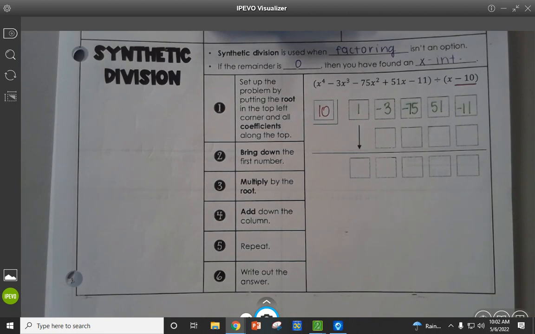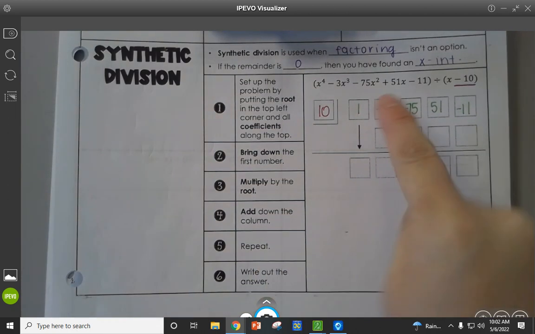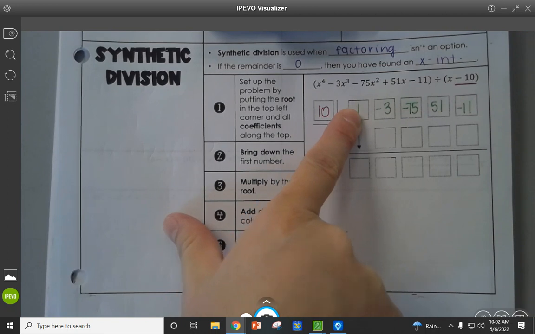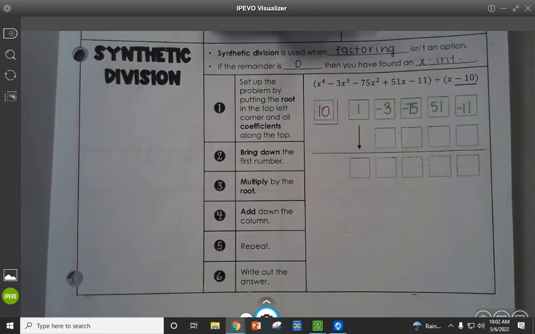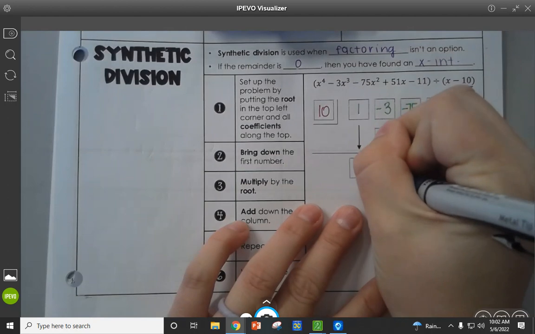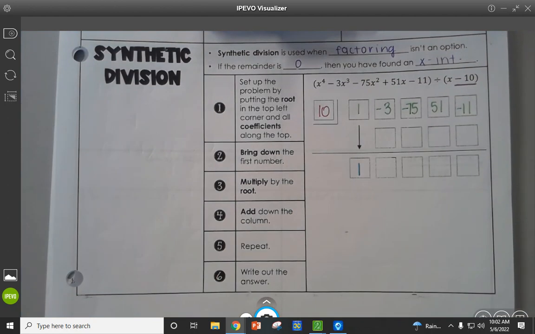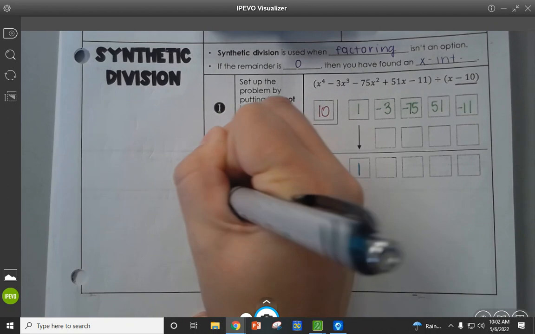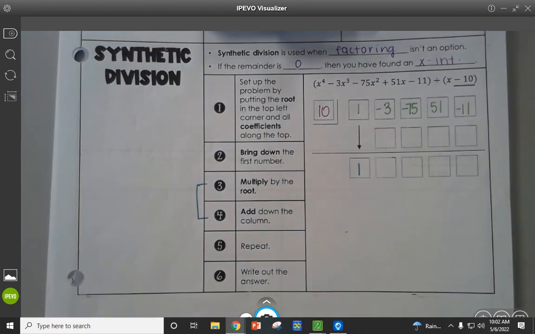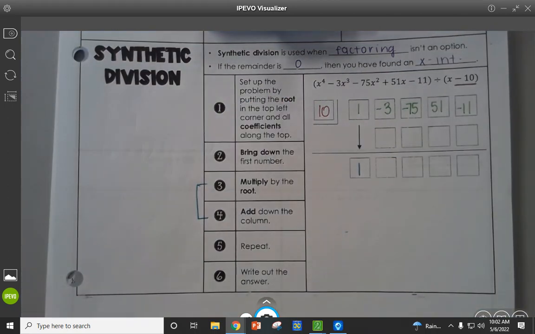What does step 2 say? Bring down the first number. So my first number is 1. You're going to draw an arrow and bring that number down. And from there on, we are going to repeat steps 3 and 4 until we get all the way across.